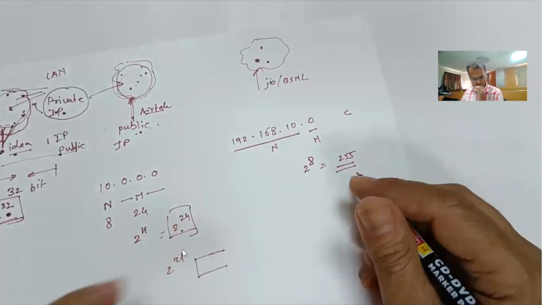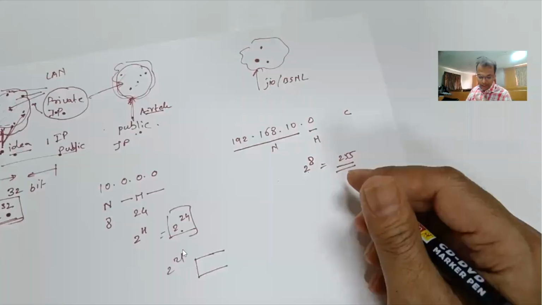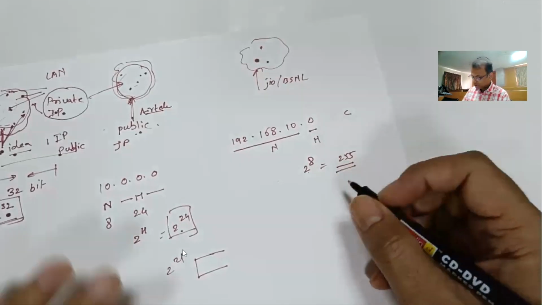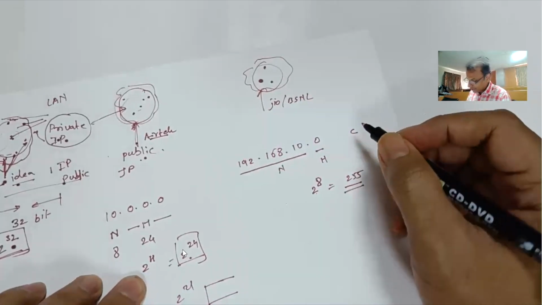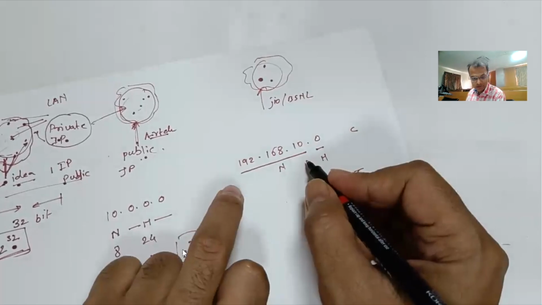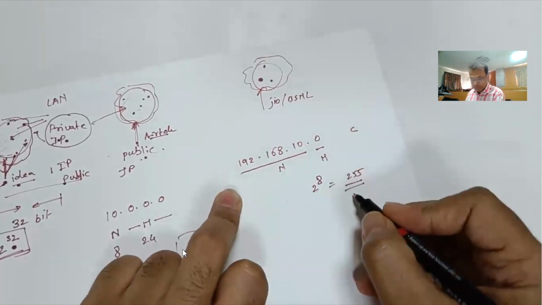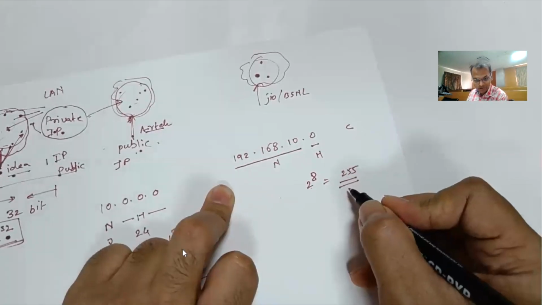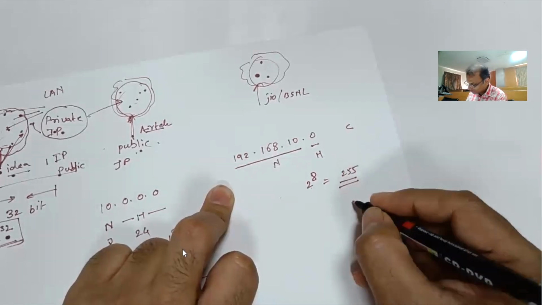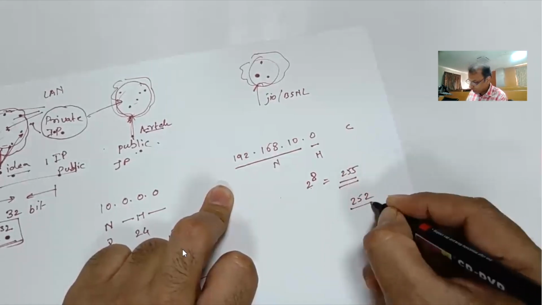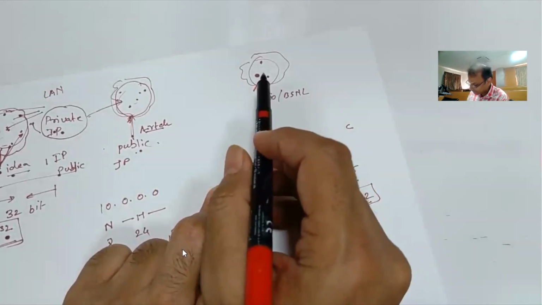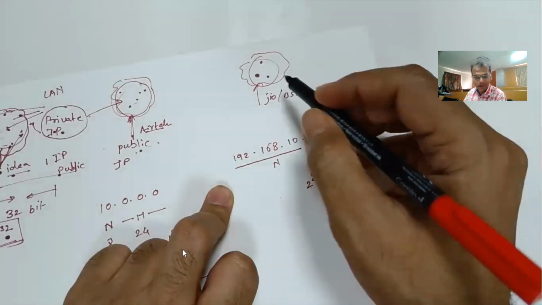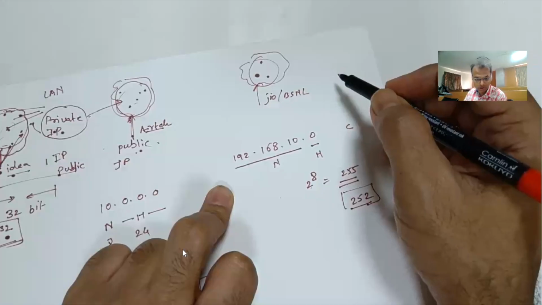Now, if in my local area network I need only 3 IP addresses, how many IP addresses are wasted with this? 252 IP addresses are wasted, because I cannot use the remaining IP addresses anywhere in the other network.